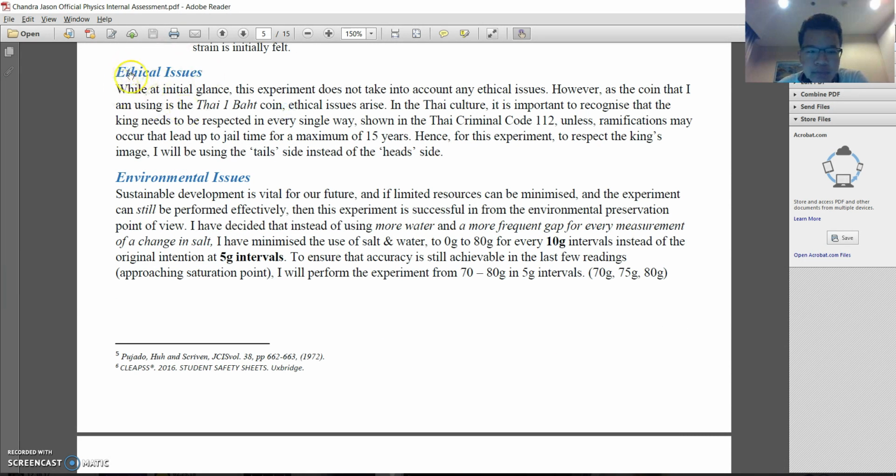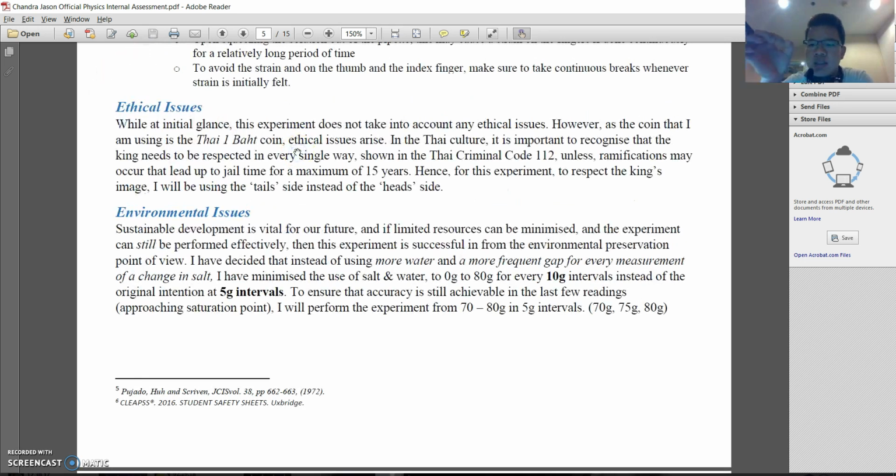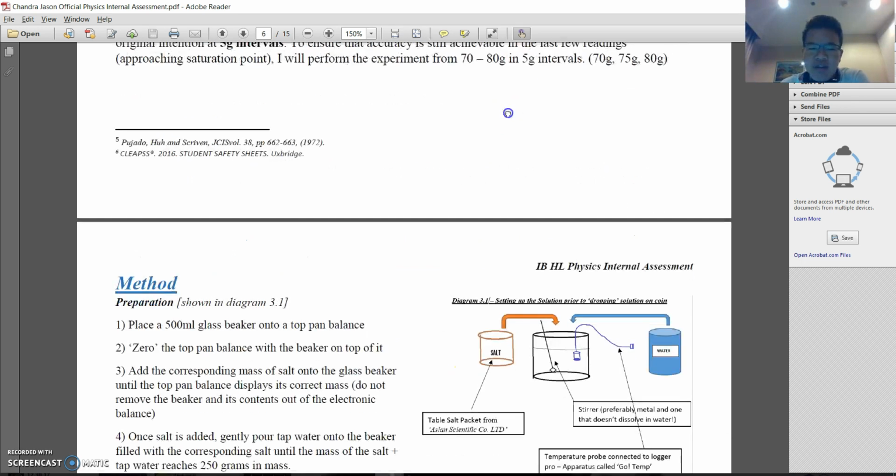Ethical issues, I state it because since I'm using a coin, there's to show respect for the king. Heads, I use the tail sides instead of the head side. And environmental issues, state some BS about saving water, saving salt. I don't know, up to you.